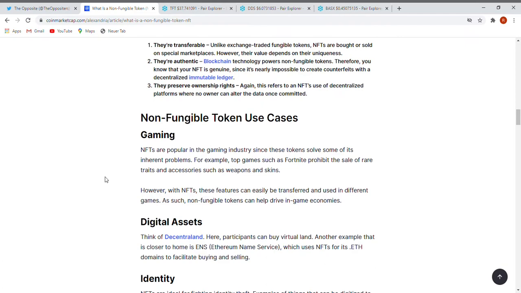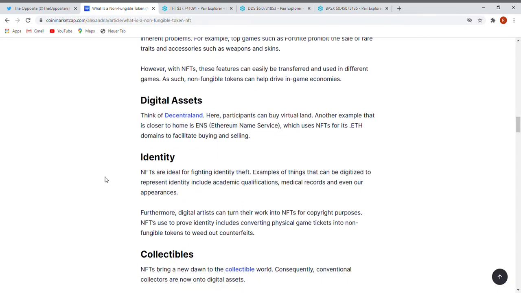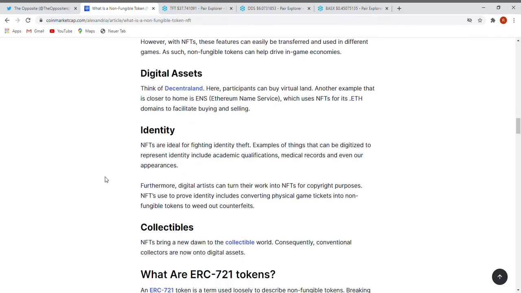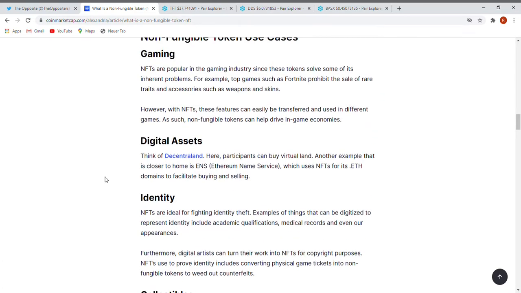Non-fungible token use cases. The ideas are a never-ending story. At least you can always say how much you want for it, and if the other says yes, well, I do. Especially for gaming, NFTs are popular in the gaming industry since these tokens solve some of its inherent problems.